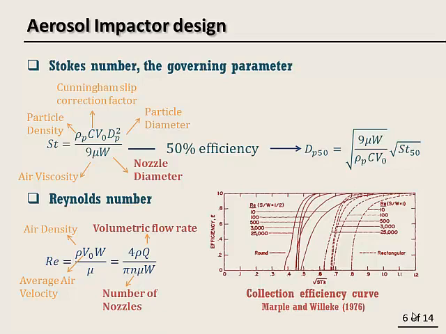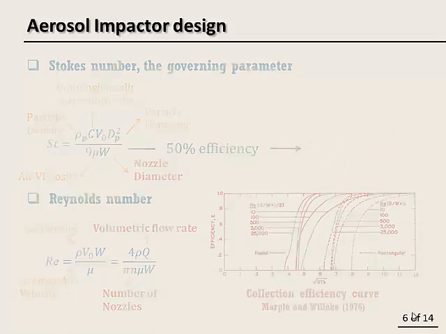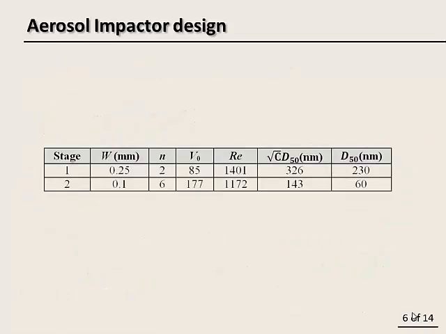Having the right Reynolds number, we can find the best Stokes number, and using the Stokes number, going back to this formula, we can design the number and also the diameter of each nozzle for each stage. These are the parameters we've come up with in this work.